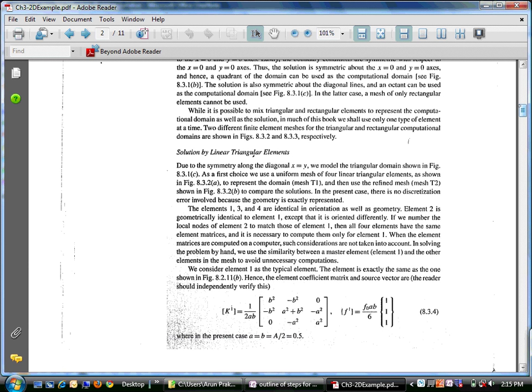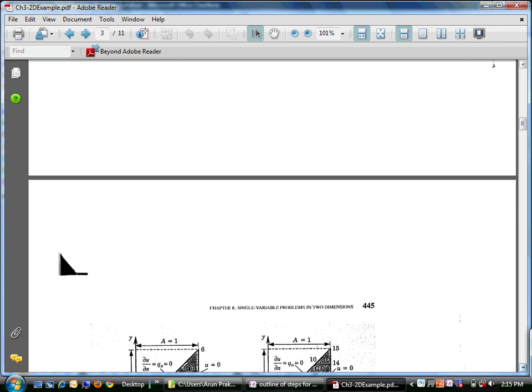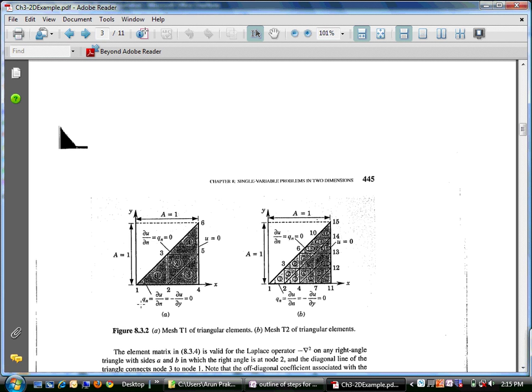Essentially what we have done is we have discretized this 1/8 of the problem, and I'm not sure if this is visible on your handout. We are taking this 1/8 of the problem and we have divided it up into 4 triangles.